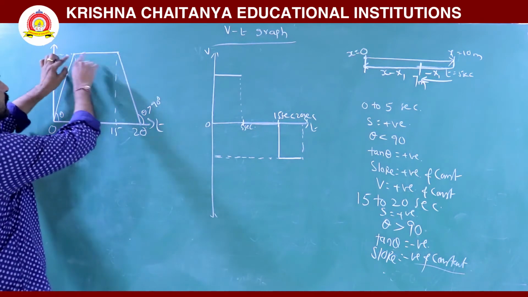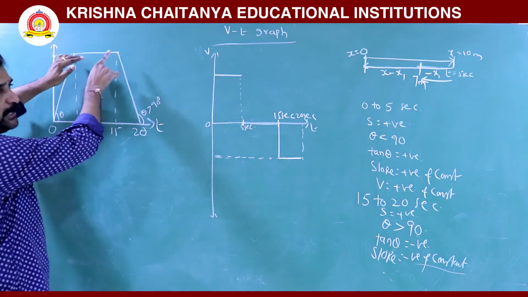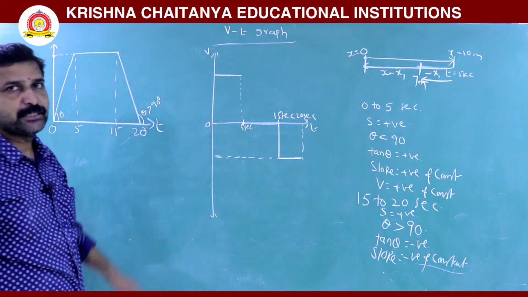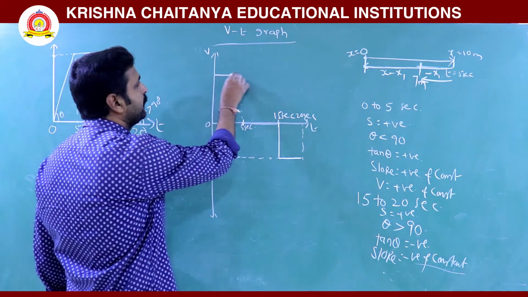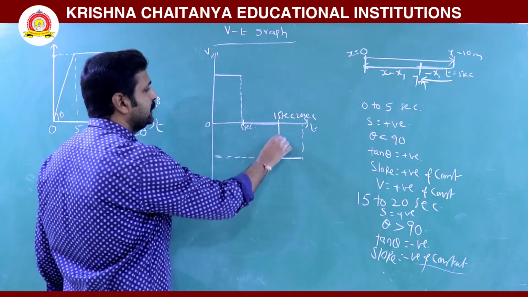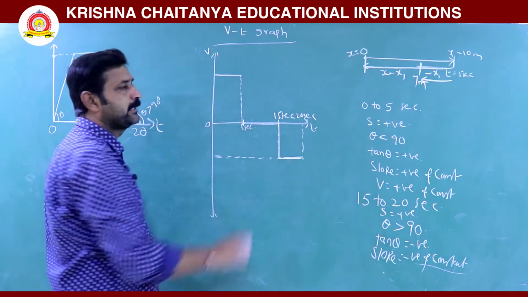From 5 to 15 seconds, position is the same, so velocity is 0 and the body is at rest. Then the graph of velocity versus time will be like this.